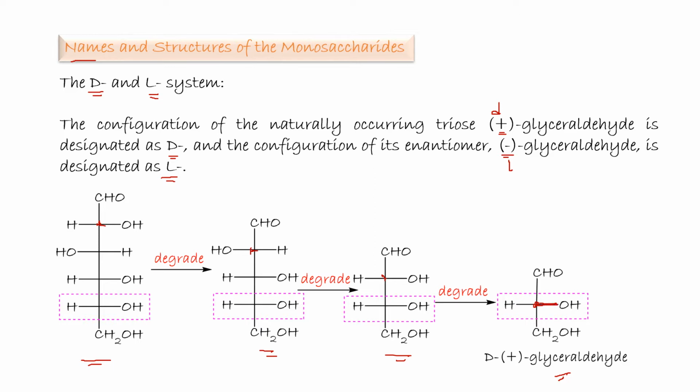So they kept naming the compounds with the highest, or the last, secondary OH as D family when the OH is on the right.